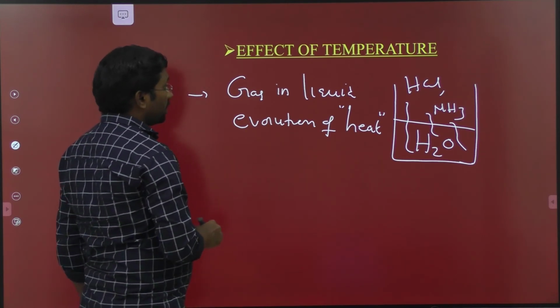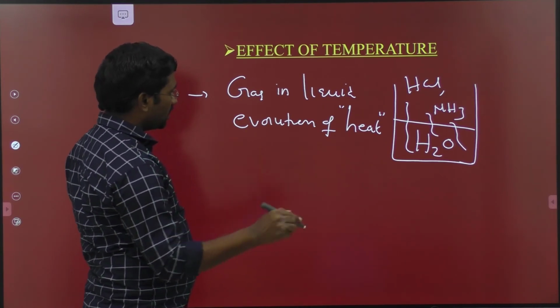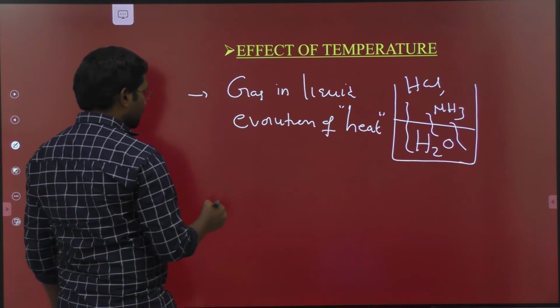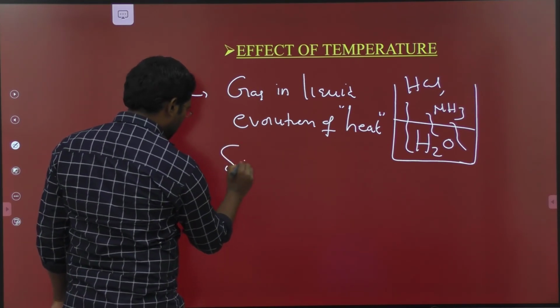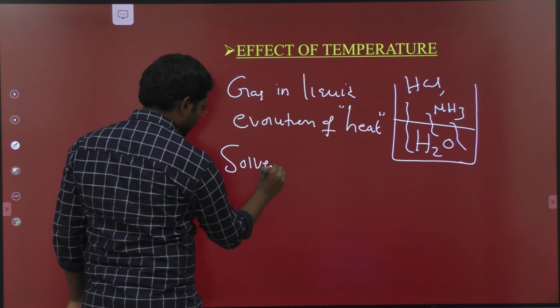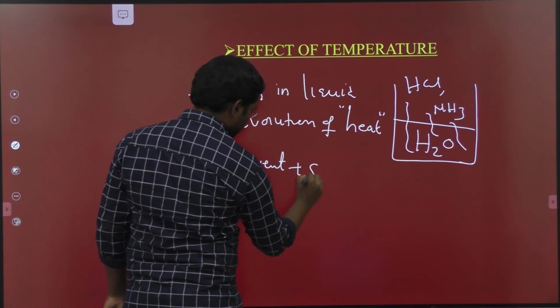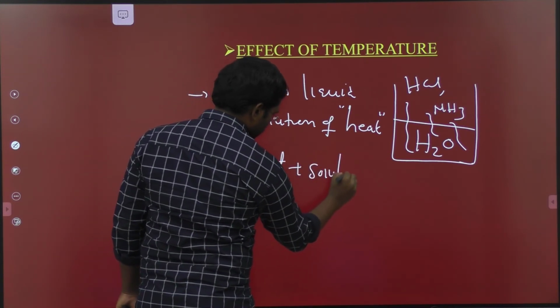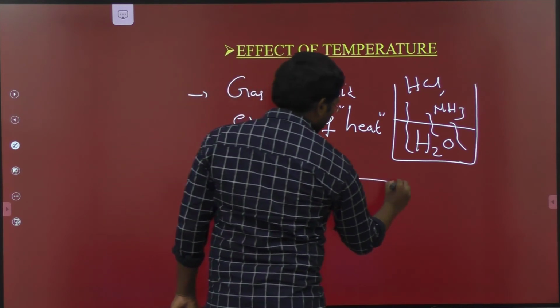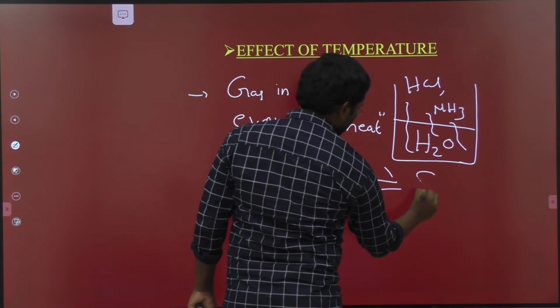Therefore, when the solubility of the gas in liquid approaches dynamic equilibrium, for example, solvent plus solute, both are in dynamic equilibrium with the solution.